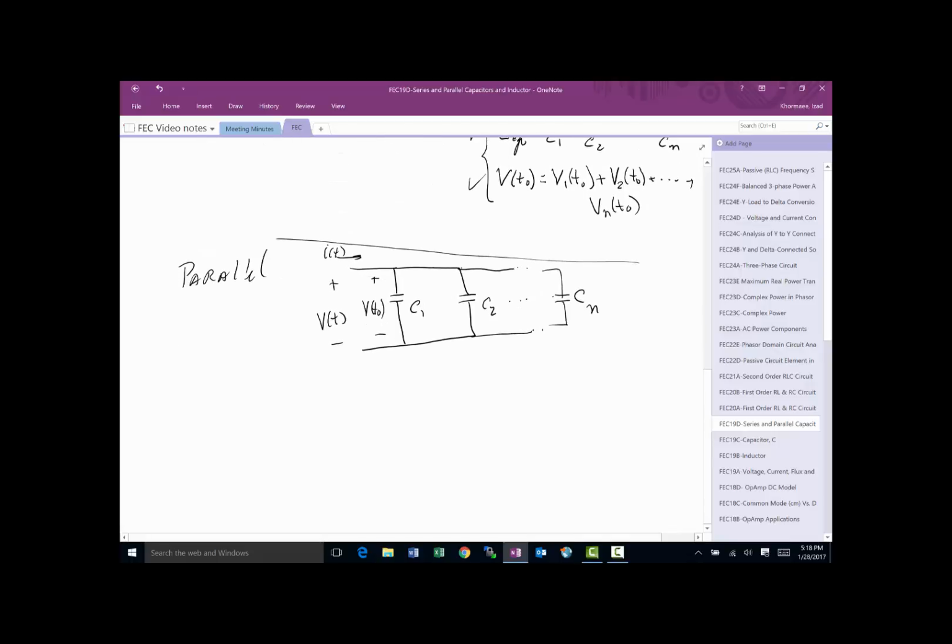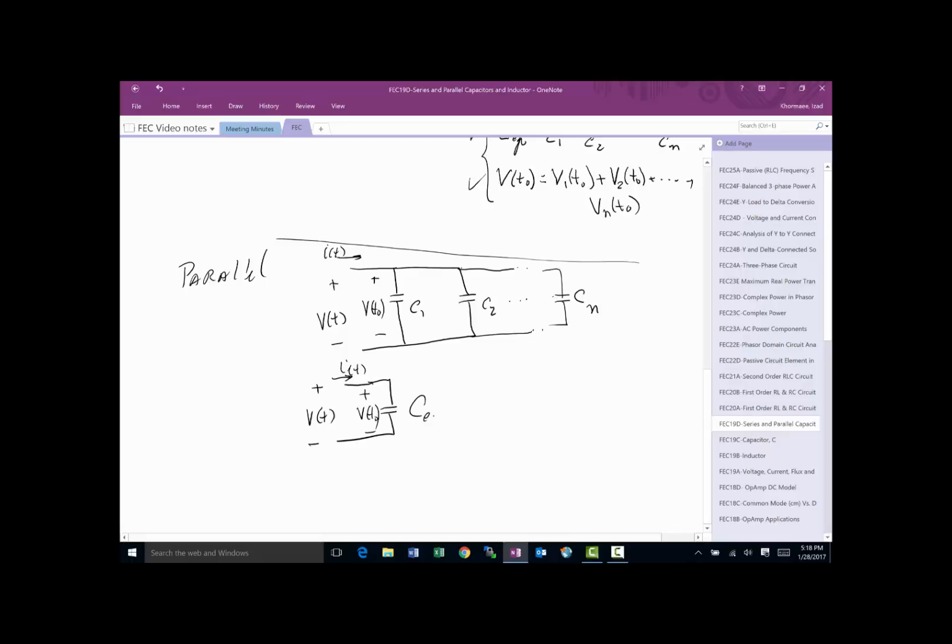So if I do a C equivalent for this, looking in here, and this is I of t, the initial condition is pretty simple. The initial condition is just going to be what was up there, V of t0.